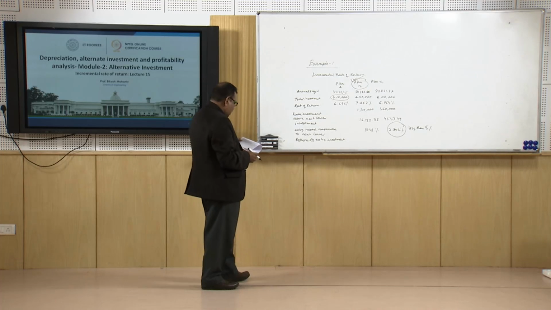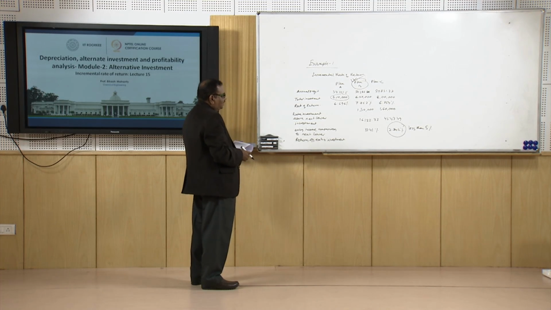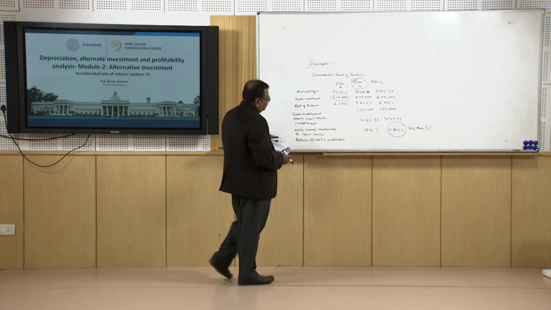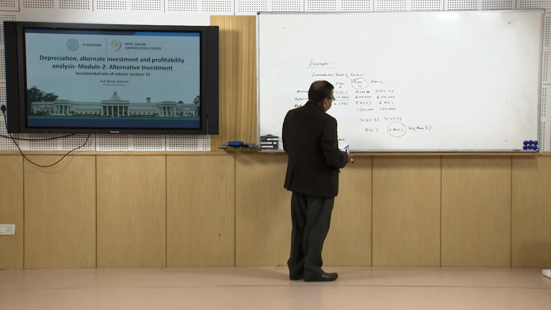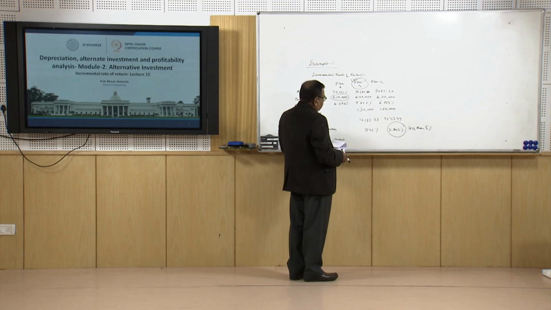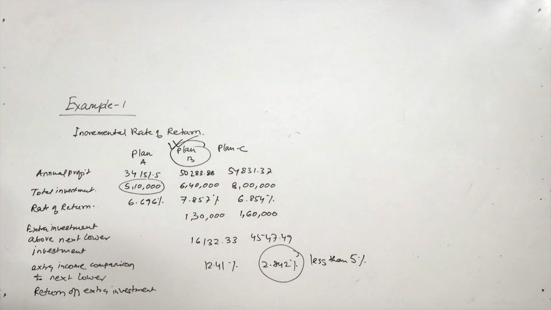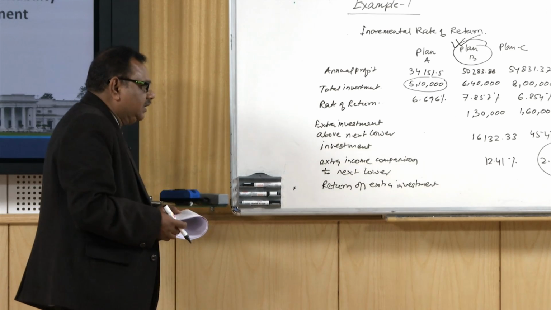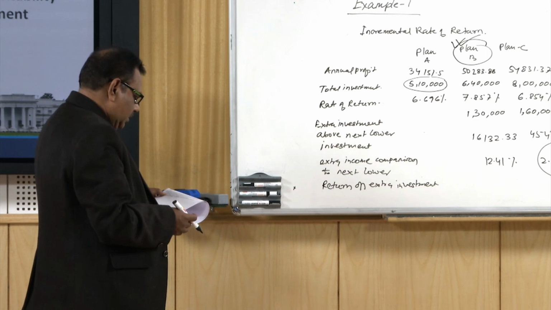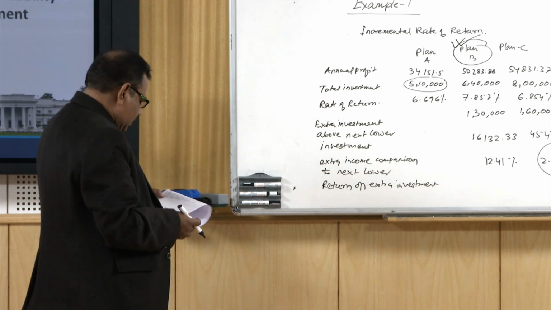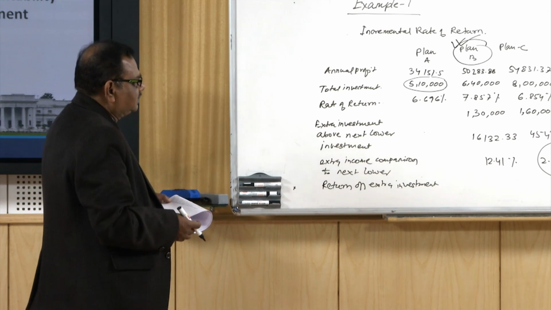The extra money amounting to 1,60,000, I will not go for plan C. Now, I have the extra money with me, amounting to 1,60,000, which, if available, should be invested in a place like a bank, which will give the MARR equal to or more than 5% rather than investing in plan C.